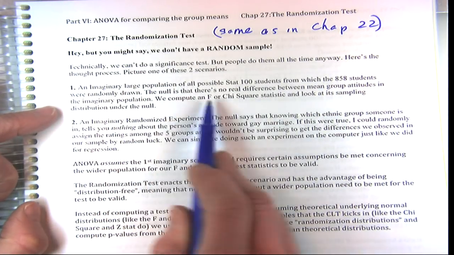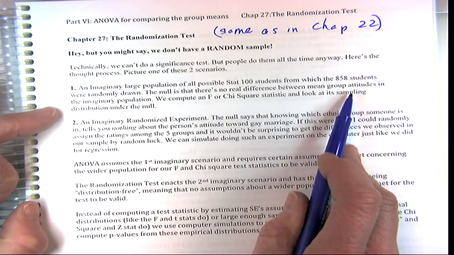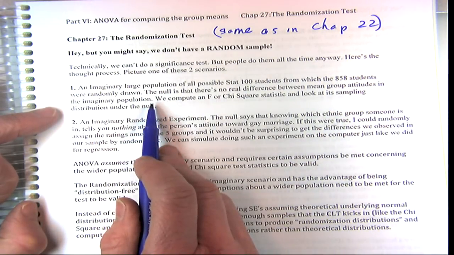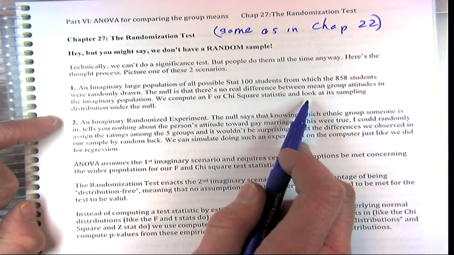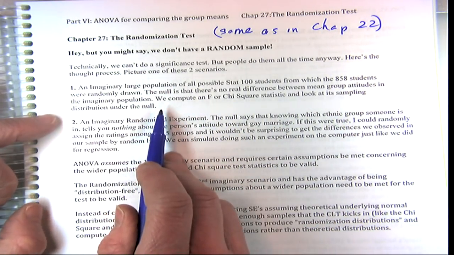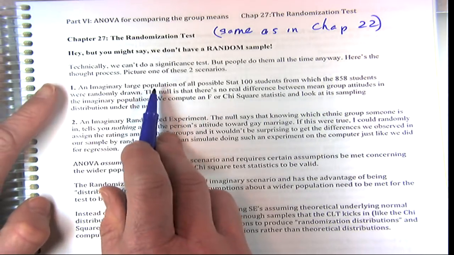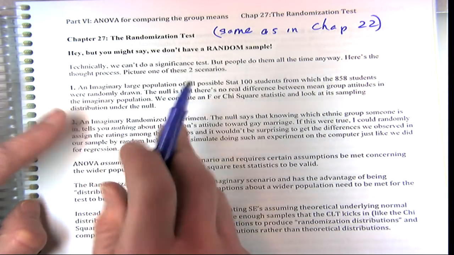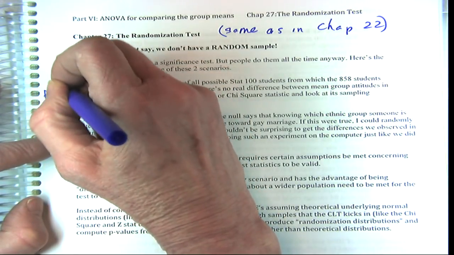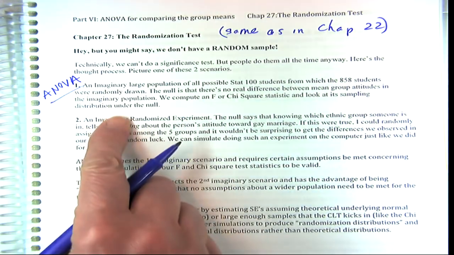The null is there's no real difference between the mean group attitudes in the whole imaginary population. And then we compute an F or a chi-square statistic and look at the sampling distribution under the null. Because that's the assumption we're making. And this is what ANOVA is doing.